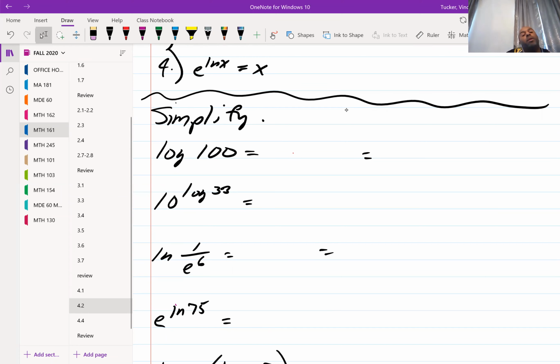Don't forget that's your common log. If you can manipulate the problem in some way to deal with tens, that would be in your best interest, because we know we have a log base 10 here if you don't see anything at all. So we can rewrite that 100 as 10 squared. And now that we have log base 10 of 10 squared, we know that that part will cancel and leave us with just 2.